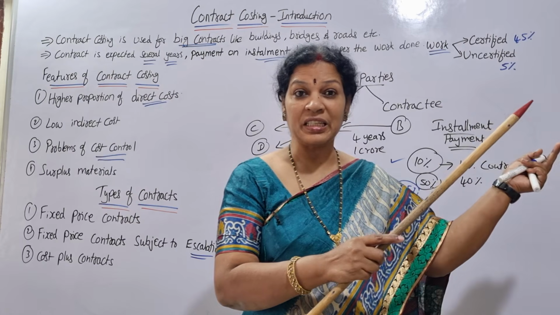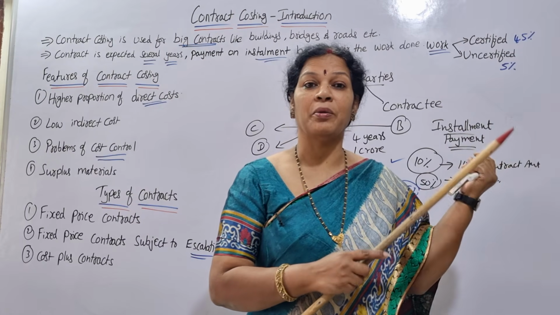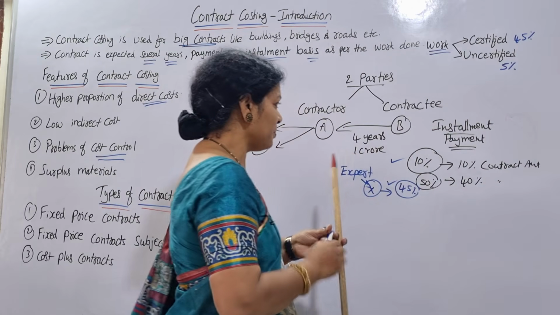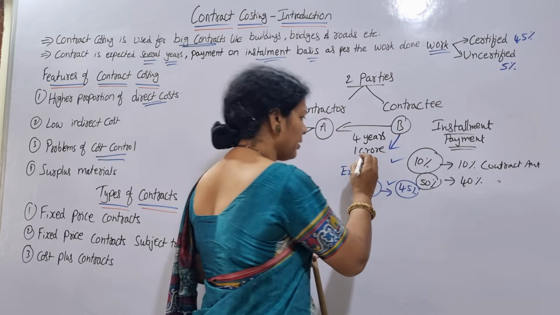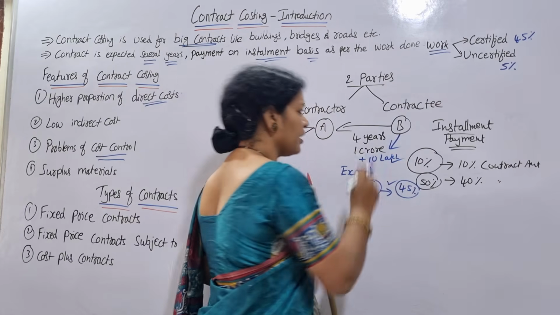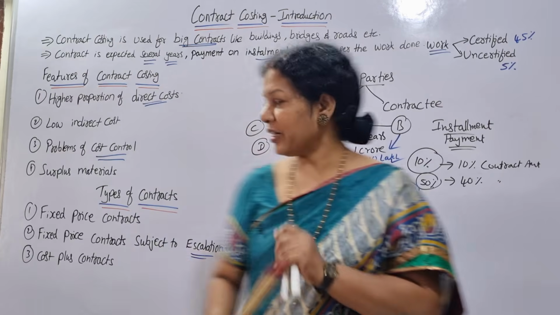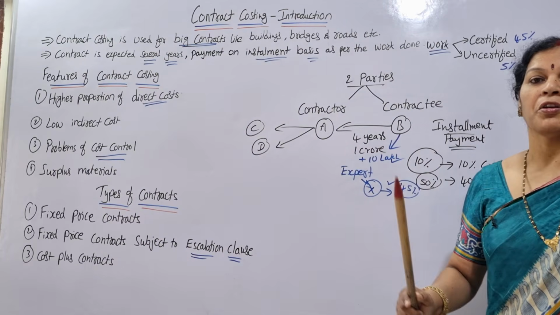Sometimes the cost is increasing. If it is increasing, then it is to be borne by the contractee, means B has to bear this. If it is increasing, 1 crore plus 10 lakh, this 10 lakh is going to be borne by the contractee, not the contractor. So we say it as an escalation. Escalation means ups and downs are possible.